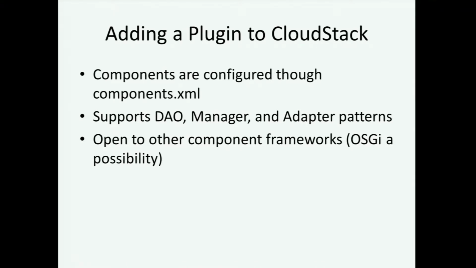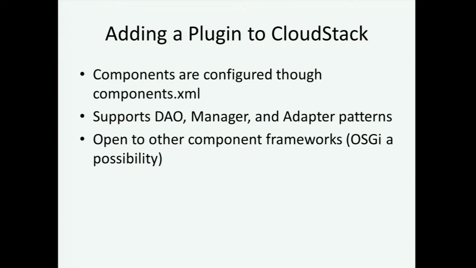And that is part of CloudStack, the product, right? And as part of this move over to open source, we look at how CloudStack should function as a platform. And components.xml today is our homegrown product.